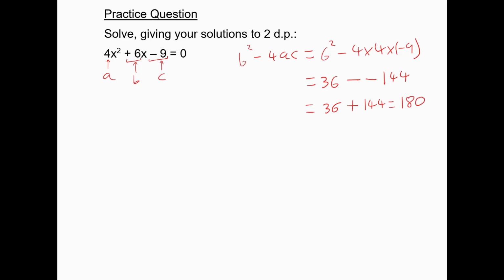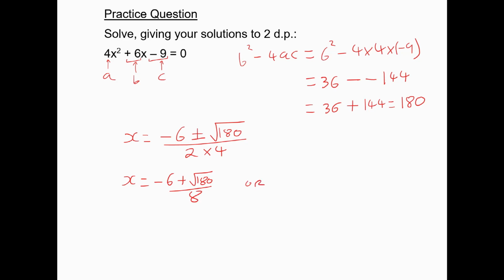So I can insert into the formula x equals minus b, that's minus 6, plus or minus the square root of 180 all over 2 times 4. So I have x equals minus 6 plus the square root of 180 over 8, or x equals minus 6 minus the square root of 180 over 8.